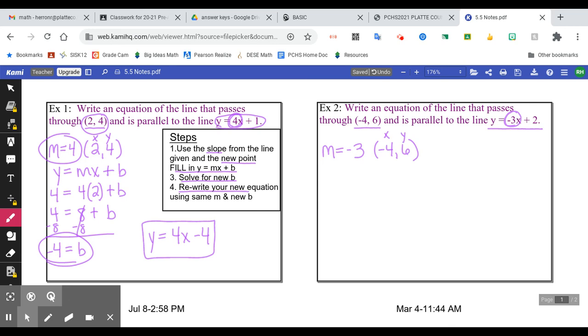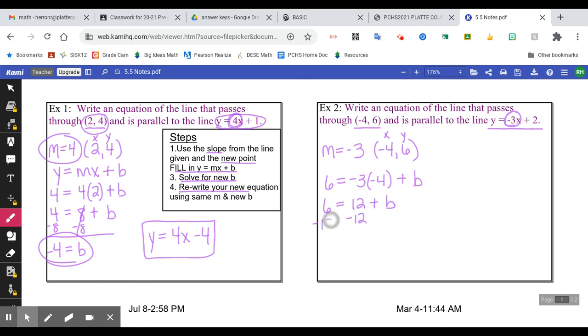So I have y = m times x + b. 6 = 12 + b. Subtract 12 on both sides. And 6 minus 12 is negative 6 for my b.